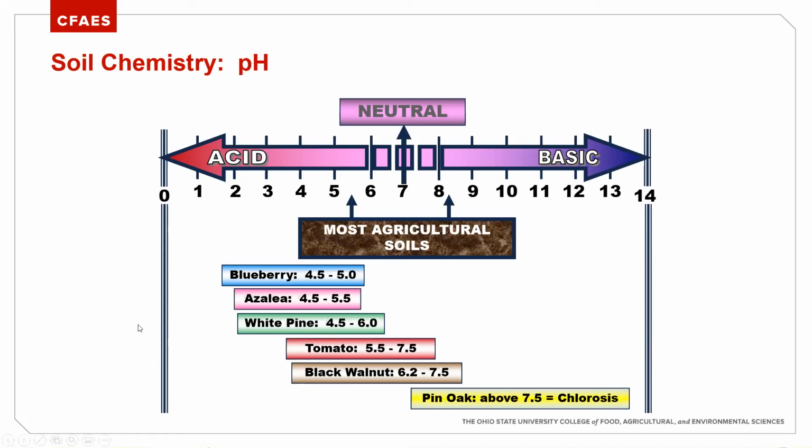You could grow tomatoes. White pine, for example, would not grow very well there. So specific cultivars, in the case of grapes, like to grow at different pHs. This is something to keep in mind. Next slide.